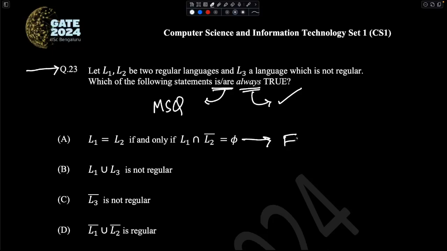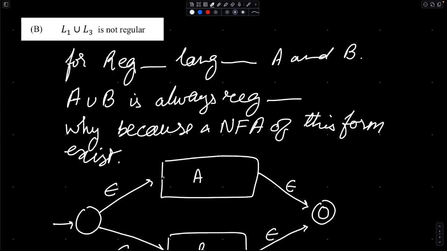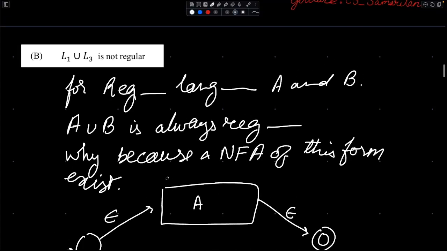Now the second option that we have is that L1 union L3 is not regular. Okay, so let's imagine different cases which can exist for this, and then we're going to get a good understanding of it. Every time you are faced with something like this, you can directly apply some predefined cases and imagine from there: union with a regular language for all cases.